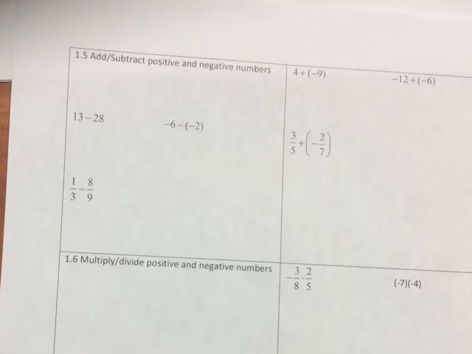So sections 5 and 6 were about adding and subtracting and multiplying and dividing. And now that we've done section 8, we don't have to change our subtraction to addition. So 13 minus 28, you would just say the signs are different. So therefore, we're going to subtract. 28 minus 13 is 15. 28 is bigger than 13, so we get negative 15.